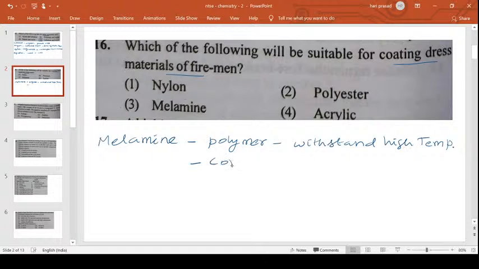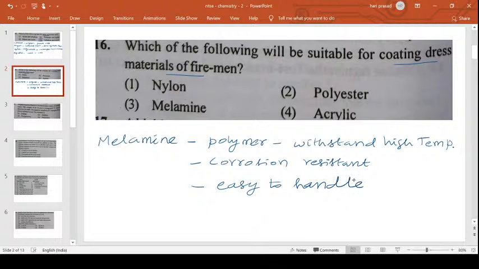This polymer is corrosion resistant, that means does not undergo corrosion easily. Next, easy to handle. So melamine is the answer for coating dress material of firemen. So what is coated? Melamine is coated. Next question.